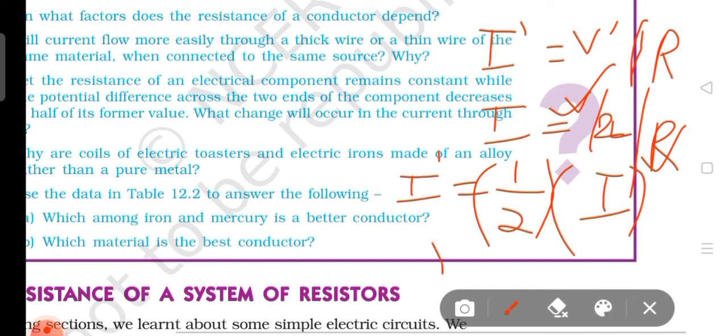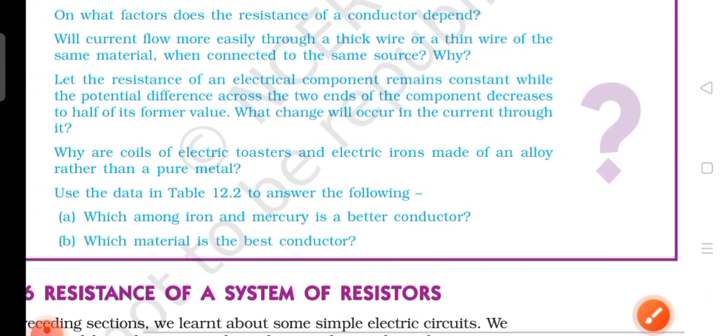So I naught is equal to half of I. This is what was asked last: what change will occur in the current through it? So the current will be reduced to half. I hope this is clear. If not clear, please stop the video, rewind, and see the video again.